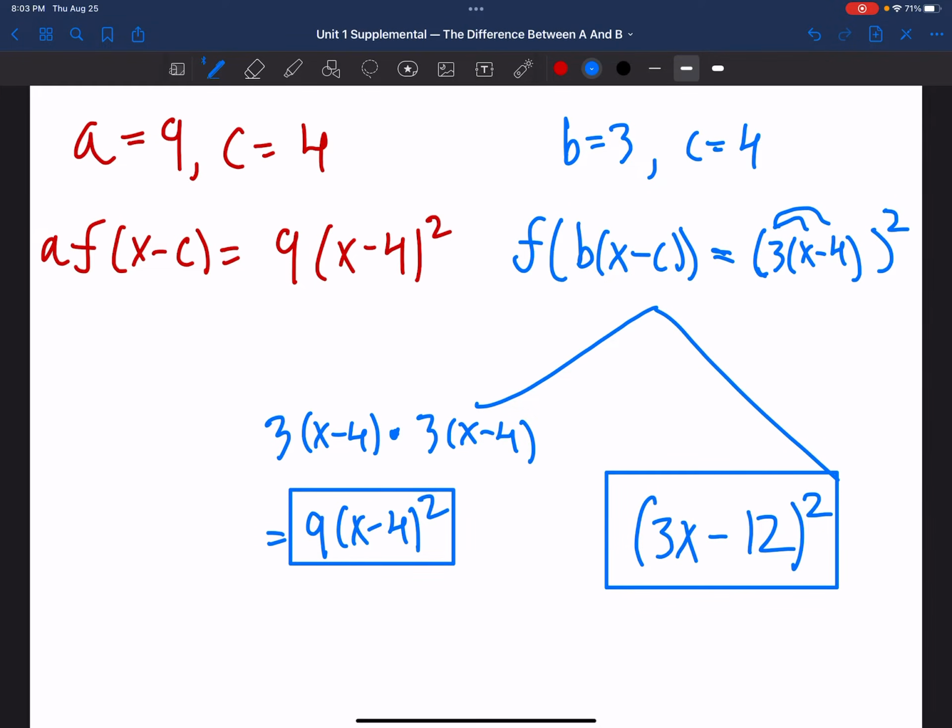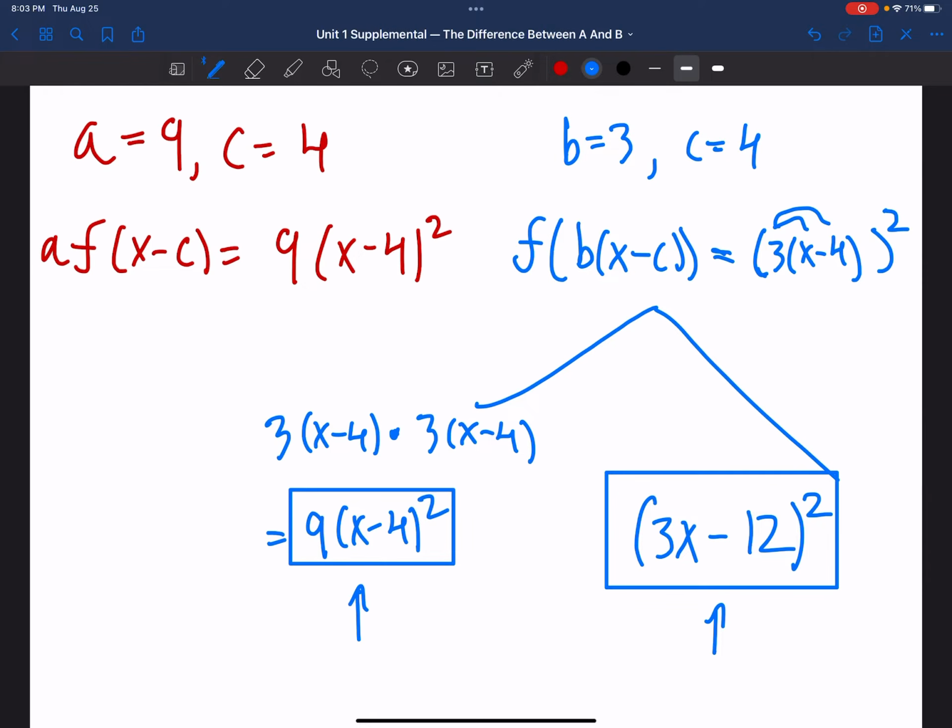Now see, with the left example, you can easily tell, or well, more easily tell, that it's a vertical stretch by 9 with a horizontal shift right 4. But with the right one, not so much, right?